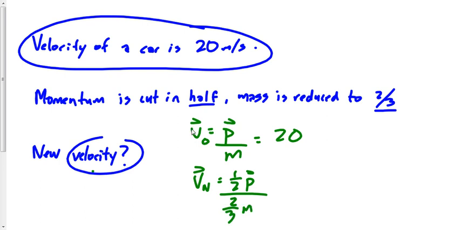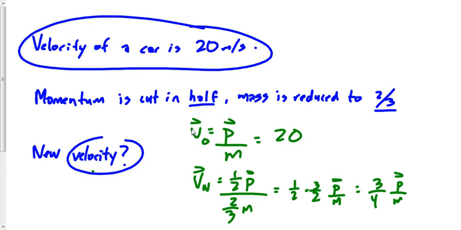And I'm going to divide those two fractions. Some of you guys call it kiss and flip. Some of you guys call it multiply by the reciprocal. Same thing as saying 1/2 times 3/2. 1 times 3 is 3. 2 times 2 is 4. So this is what it becomes.